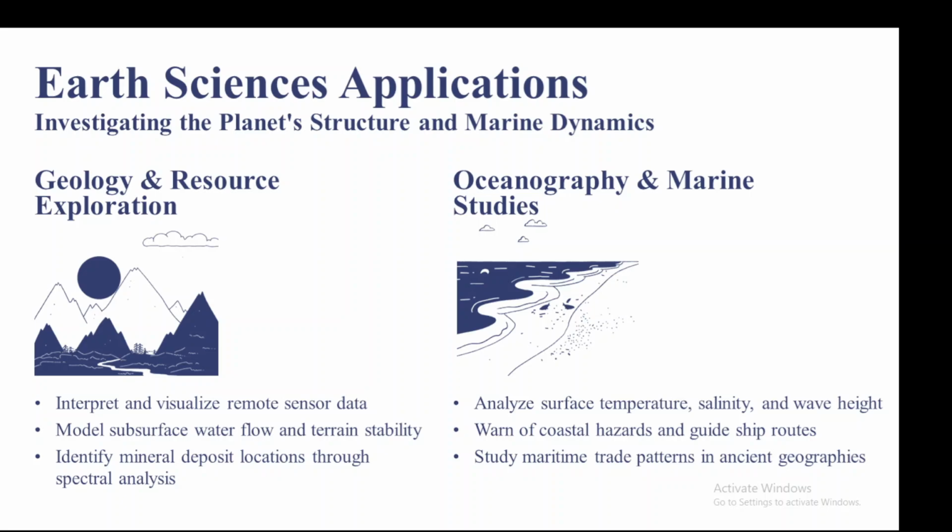Then oceanography and marine studies. GIS will help us see what is exactly invisible, that is, below the ocean surface, which is otherwise invisible to us. It will map seafloor topography, coastal erosion or deposition, salinity changes, and also wave height.